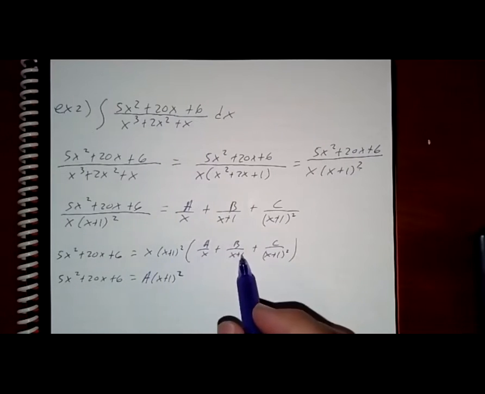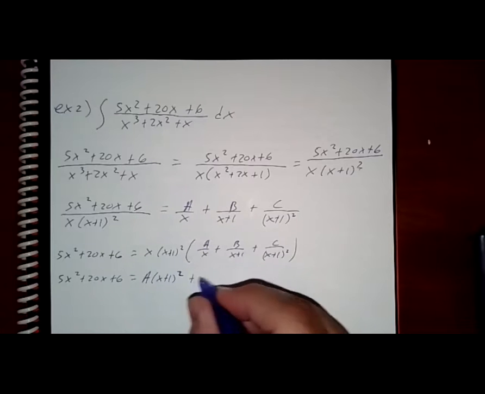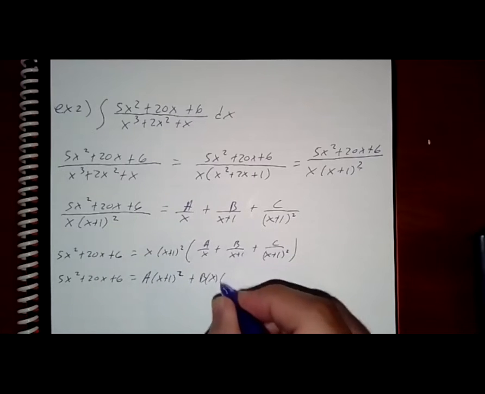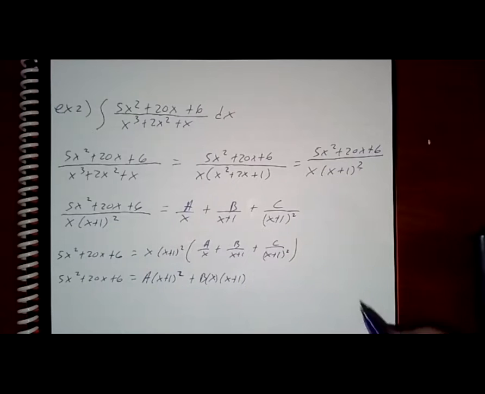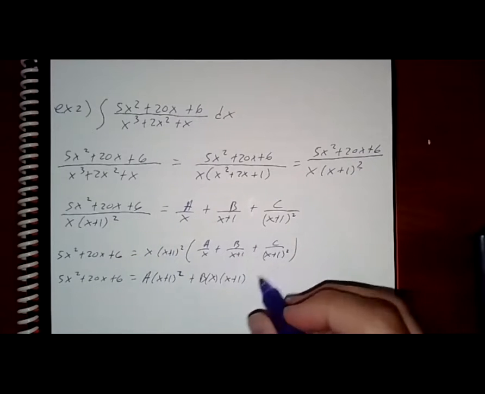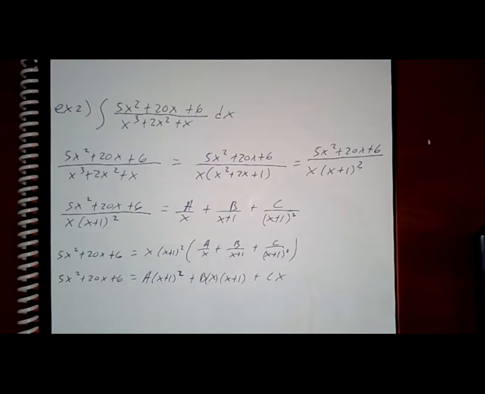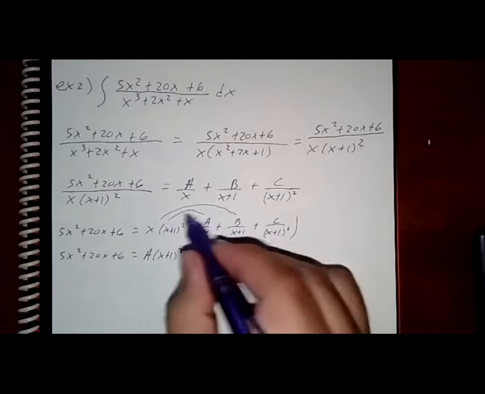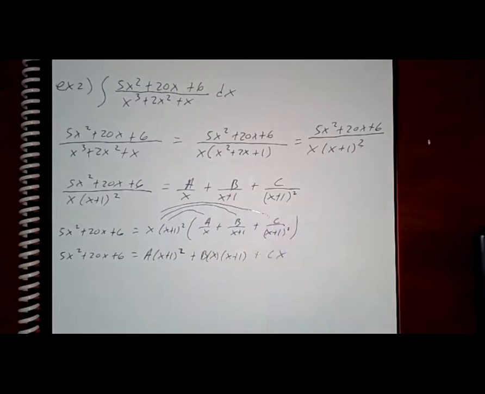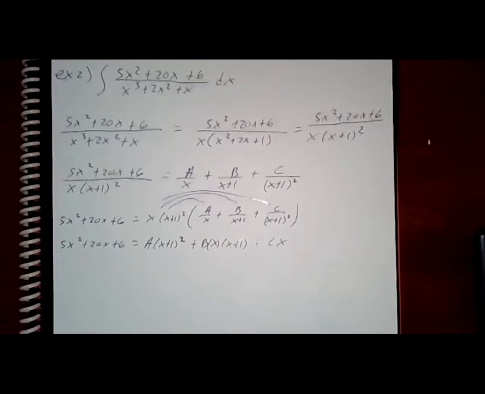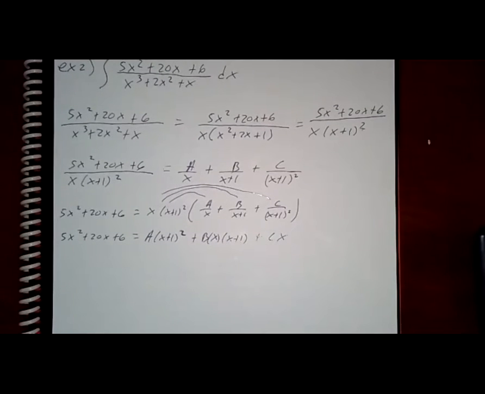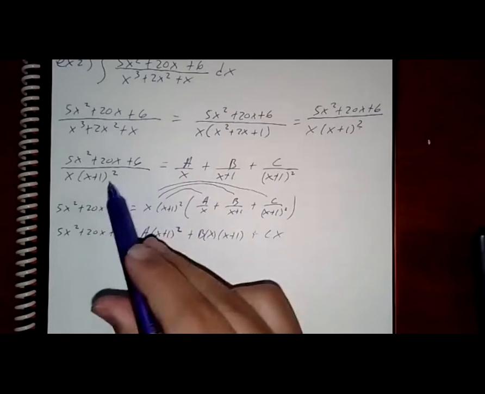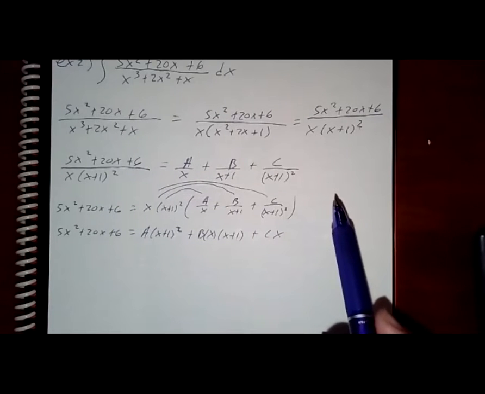Then the next one, one of the x plus 1s will cancel, so you'll have plus b times x times (x plus 1). Now the last one, the entire x plus 1s will cancel, leaving you with cx. I just multiply each one here. You see, I skipped the algebra steps there, and I multiplied that over here. Is that weird, or do you see it?